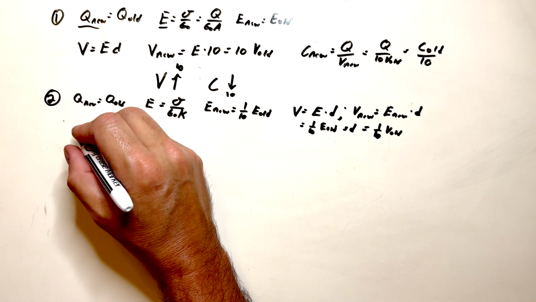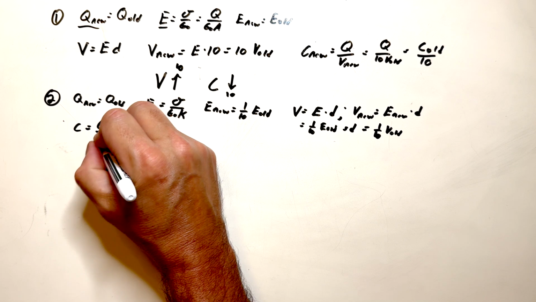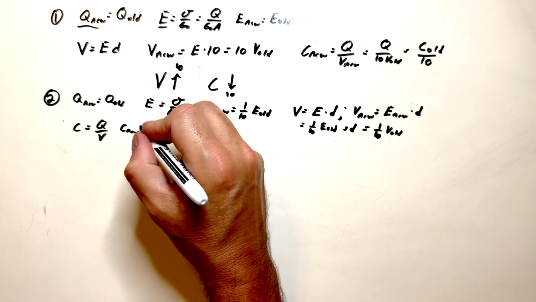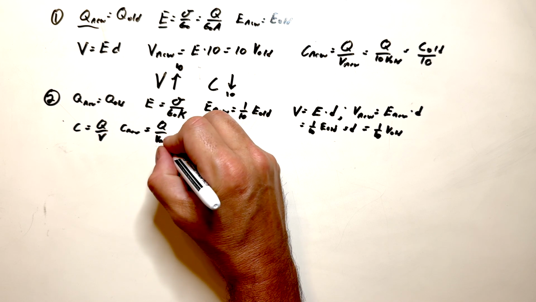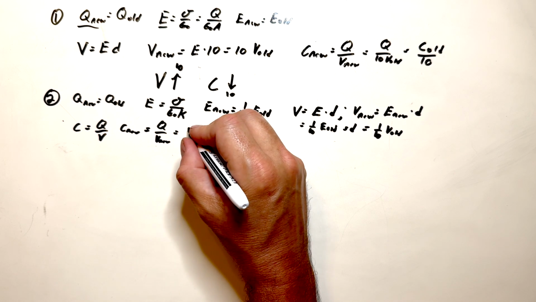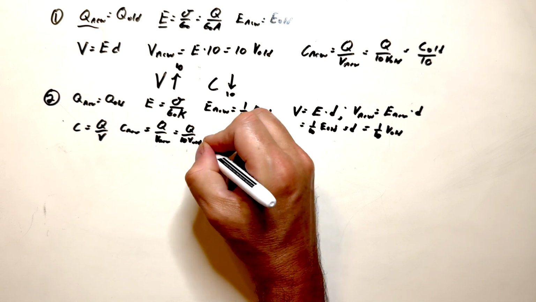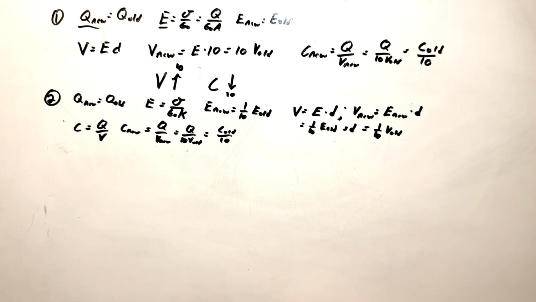What about the capacitance? The capacitance is C equals Q over V. So C new will be equal to Q over V new, which will be Q over 1 over 10 times V old, which will be equal to C old over 10.